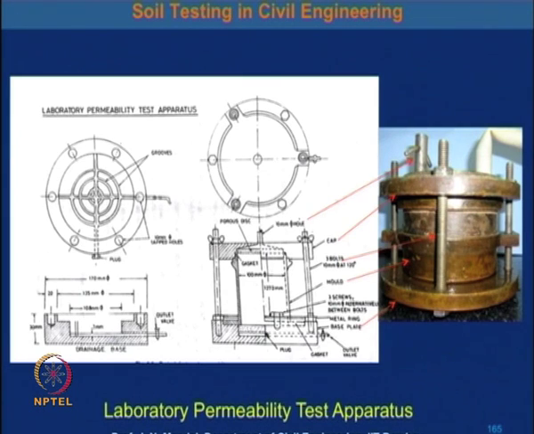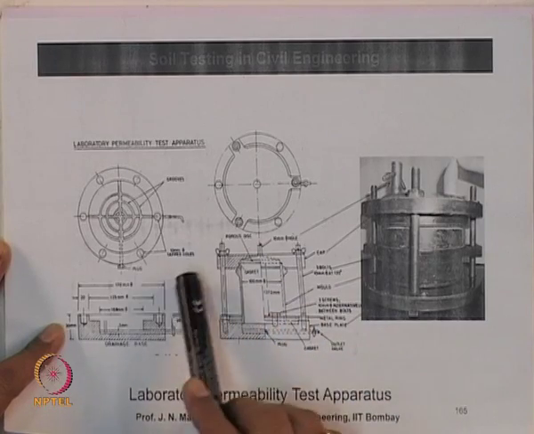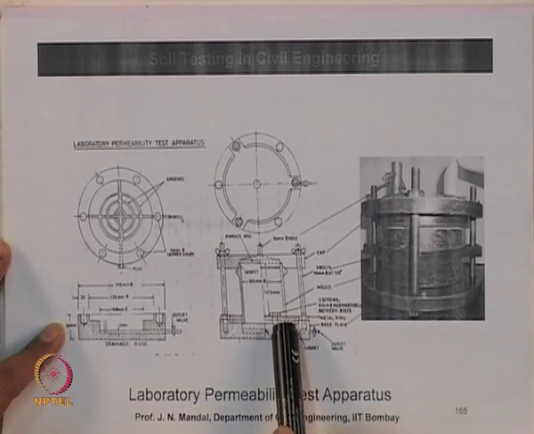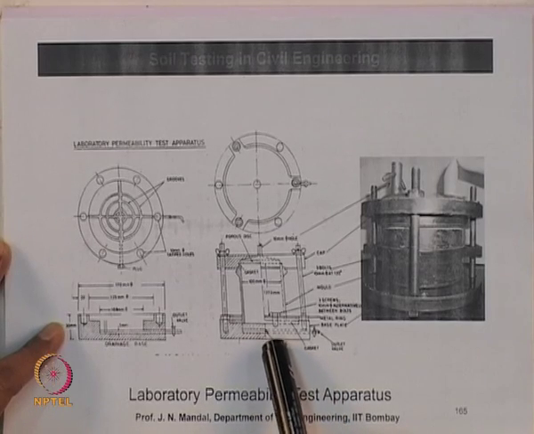Mold is here, and it has a particular size: 100 millimeter diameter and 127.3 millimeter length, and this one is the cap, and this is the porous disc here, and this is the metal ring at the bottom, and this is the base plate, and this is the outlet valve, and this is the plug.